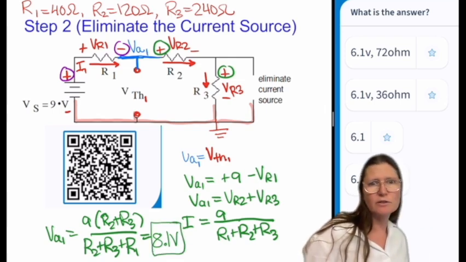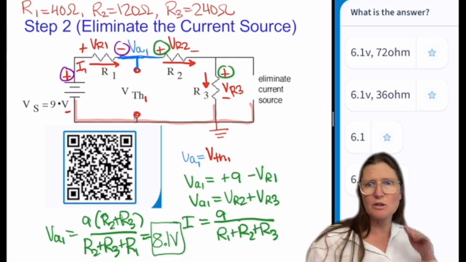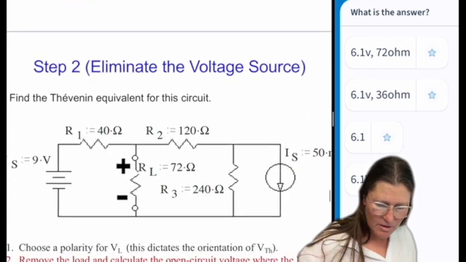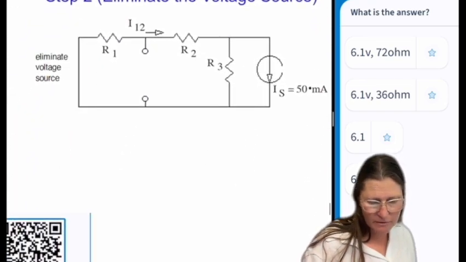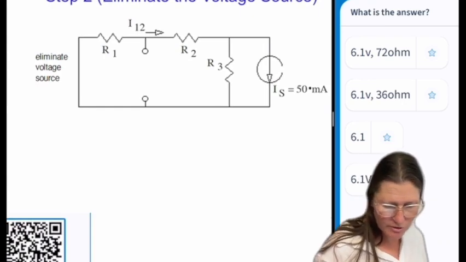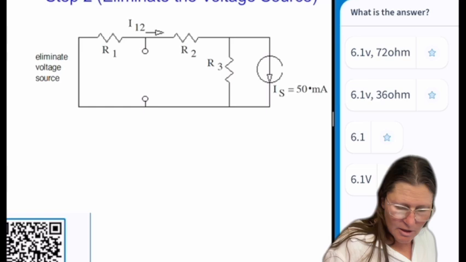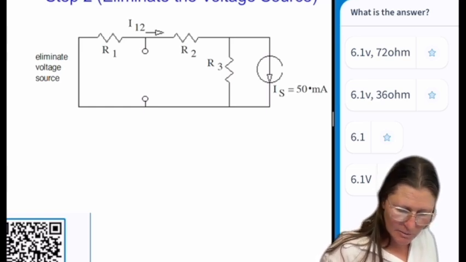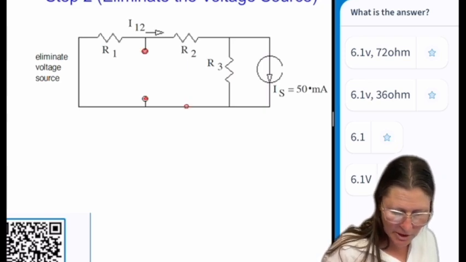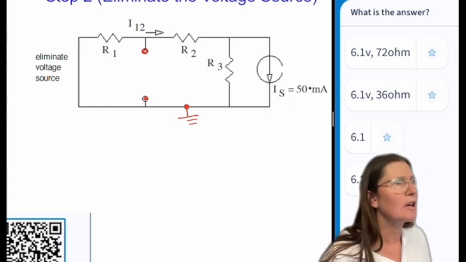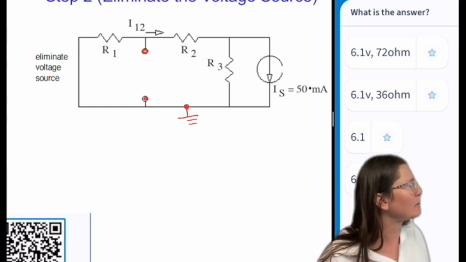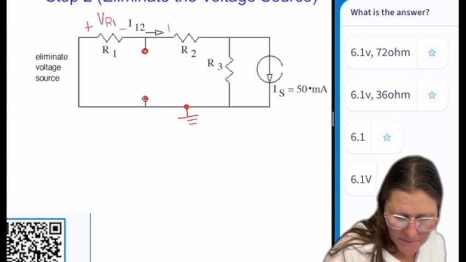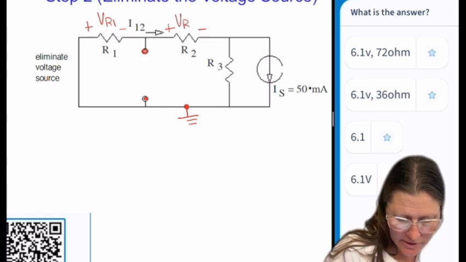So there's my answer for the first part of the superposition. For the second part, if I eliminate the voltage source, again, if I am a little confused, I want to start by labeling ground, and then I can label a voltage across every resistor, and then define a current if there's not one.